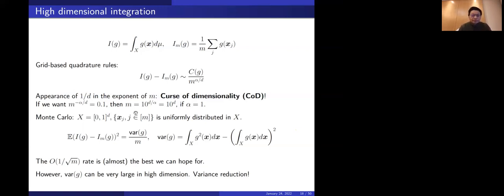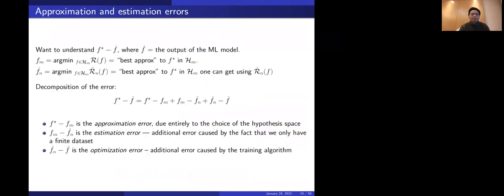Of course, this coefficient could be huge in high dimension, so that's why variance reduction is important. But in any case, Monte Carlo integration is a very successful area, and we can compute integrals in millions of dimensions quite routinely. So this is pretty much the benchmark that we have to keep in mind.